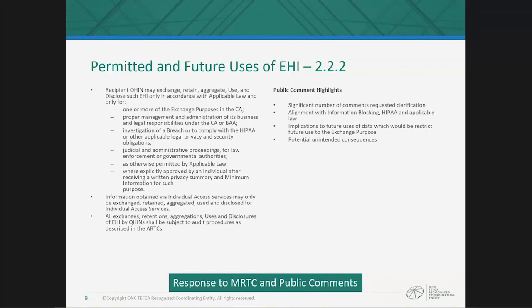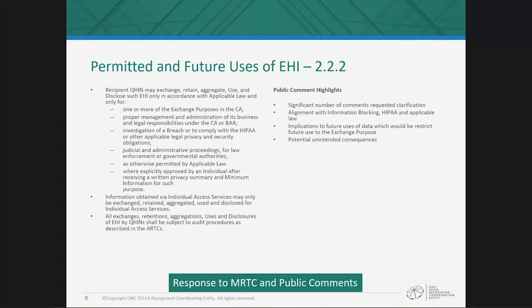Then of course there's a carve out for information that a QHIN or someone else would obtain for individual access services. So in other words, if I as a QHIN have a relationship with an individual and I obtain that information pursuant to providing a service to that individual, then my ability to retain, use, aggregate, disclose, or exchange it is much narrower.